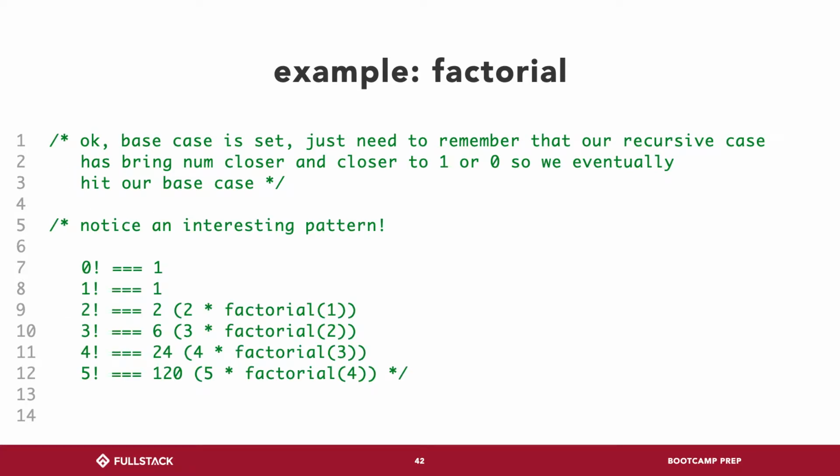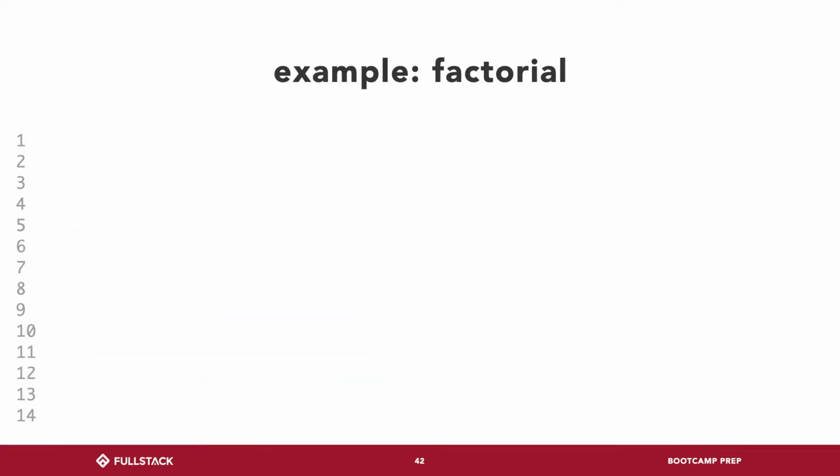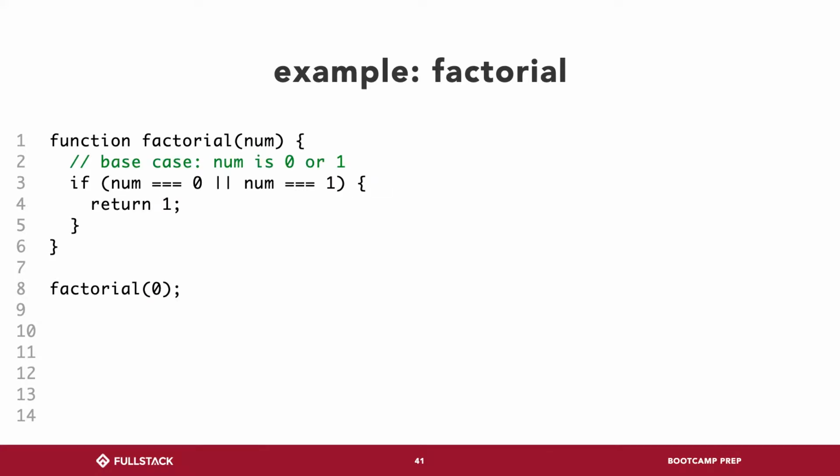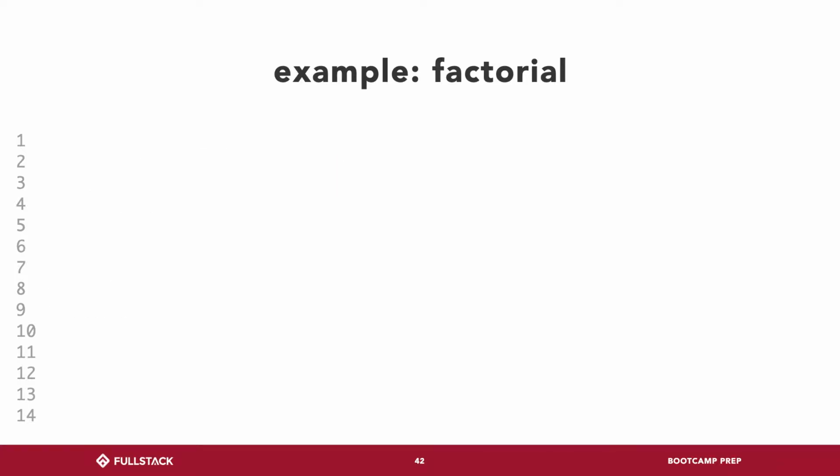So the base case is set. Just need to remember that our recursive case has to bring the number closer and closer to 1 or 0, right? Because our base case is if the number is 0 or 1. We know that the function is going to take a number in, so we have to make that argument closer and closer to 1 and 0 no matter what it is. So how do we do that?